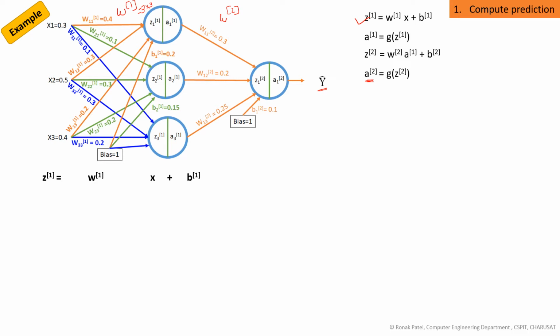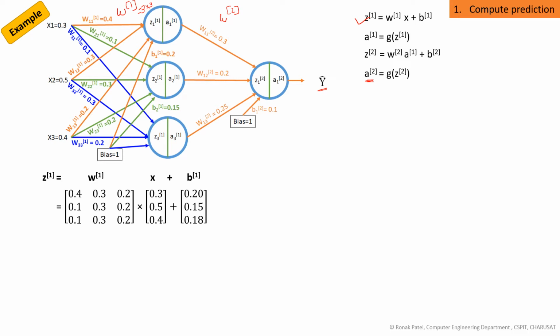So what are the values of W1, X and B1? W1 is 0.4, 0.3 and 0.2. What does this first row indicate? The first row indicates weights going to the first neuron which is at layer 1. This is the first neuron of layer 1. Which are the weights?